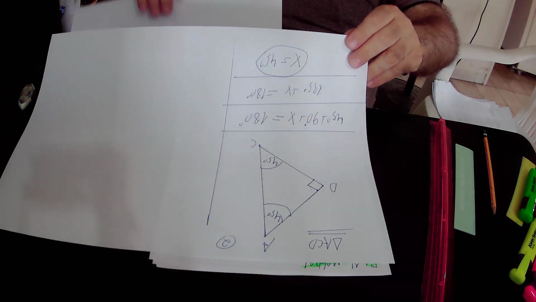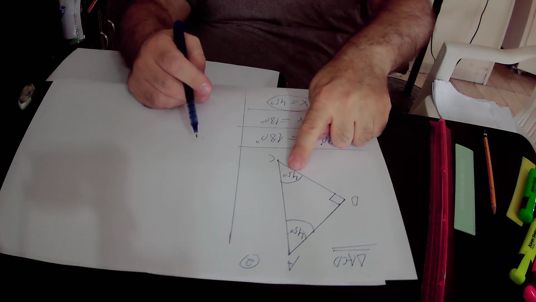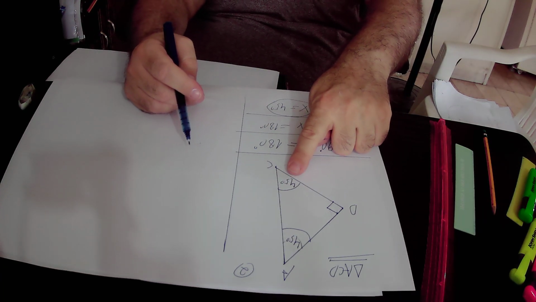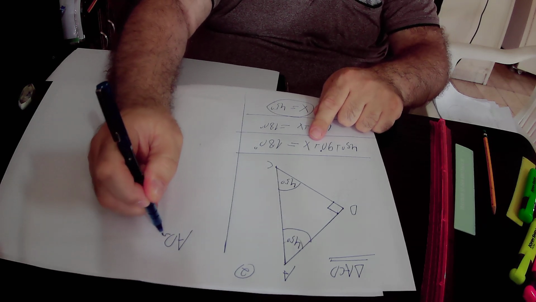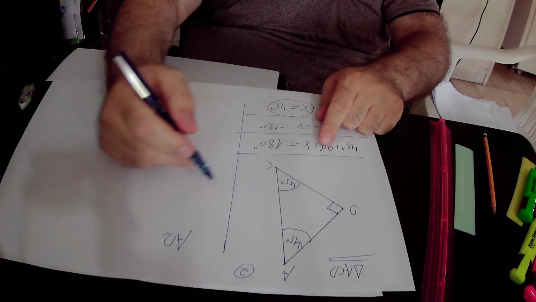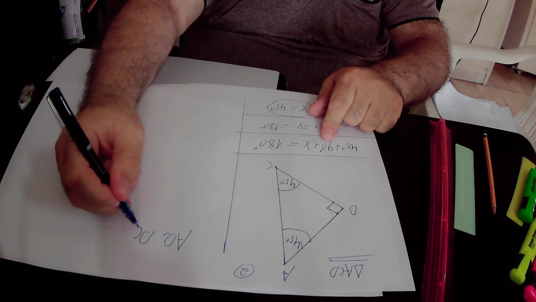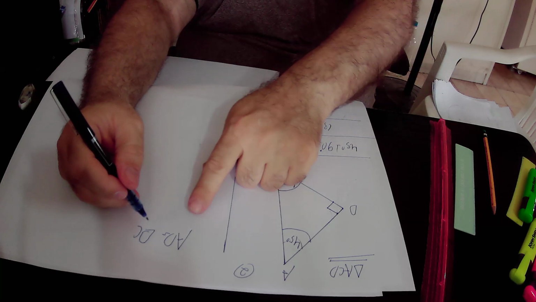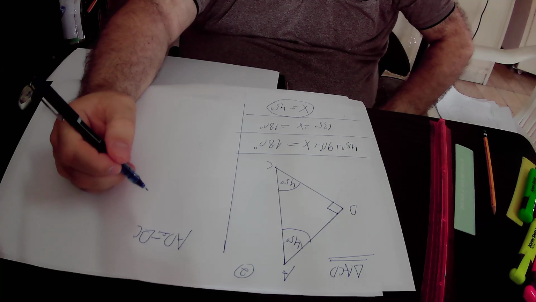Here, in front of this angle, we have side AD. In front of this angle, we have side DC. According to the rule that I mentioned, those two sides must be equal to each other because they are located in front of equal angles.